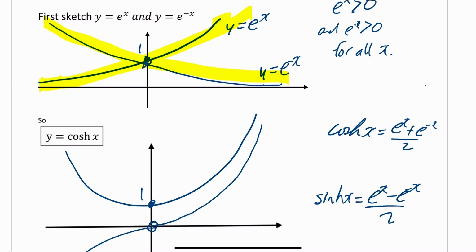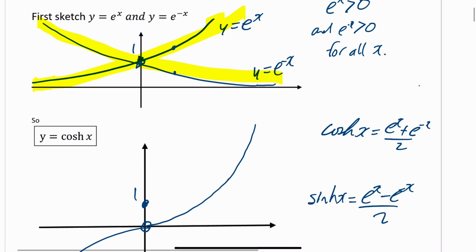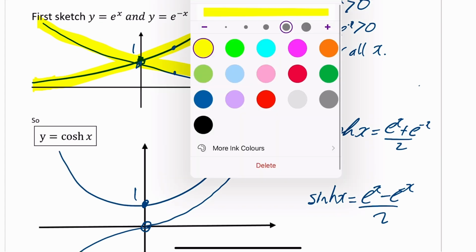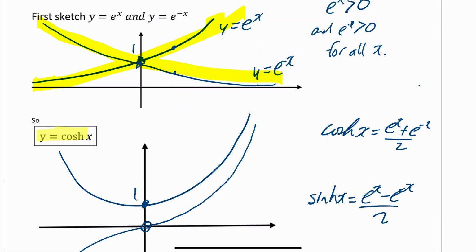So if you pick this point, for example, if you add that point and that point, you're going to get a point which is above the 1, and then it's going to be going upwards as well, and then it's even, so it's symmetrical about the y-axis. So that is what has led me to my hyperbolic cosh of x. So there's what it looks like.